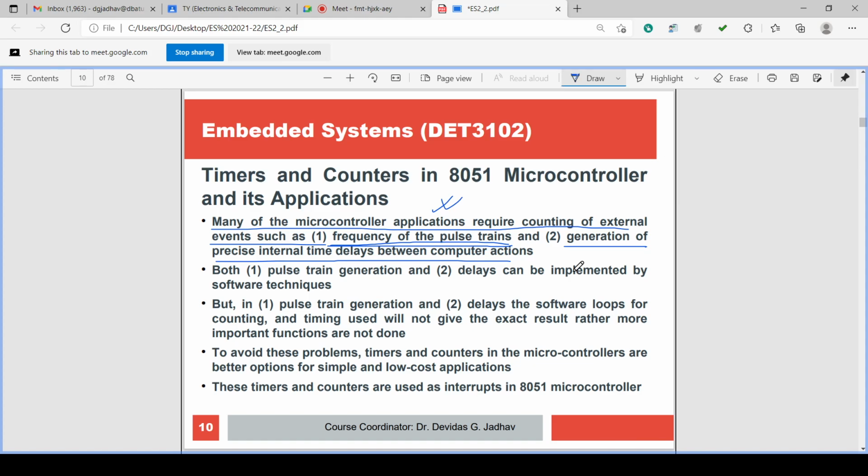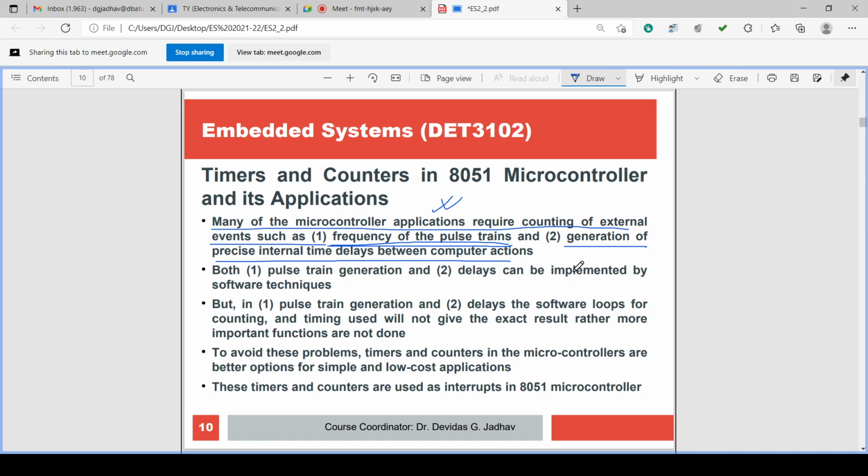Similarly, there is generation of precise, accurate internal time delays between computer actions. One computer action takes place, then a delay, and then the second action. Output A, then delay, output FF, or output 55, delay, output FF.